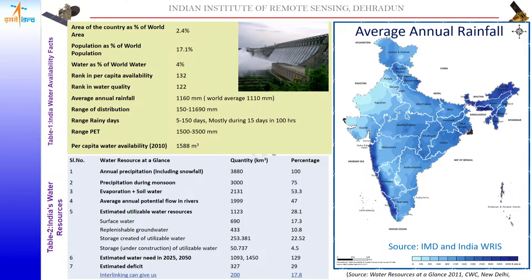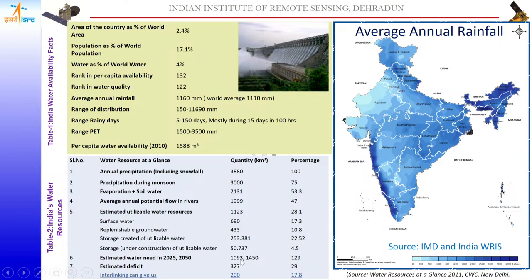And most of our rainfall will occur in the monsoon season, and there are some high rainfall areas, for example the Western Ghats, and you can also see the eastern areas of India and western Himalayas, where we get the high rainfall. And the western parts of India and some central parts are under the arid condition, where we get less rainfall.